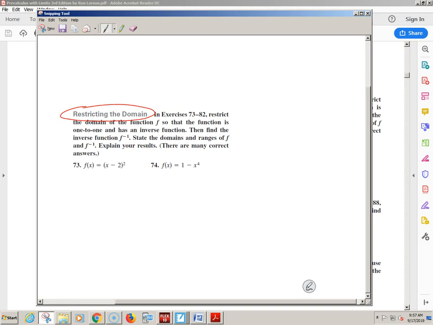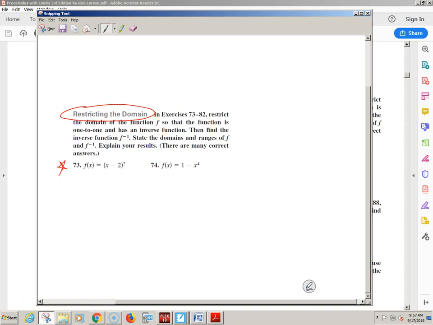So holding it back, what's the normal domain of a squared function? Normal parabola. All real numbers. So if you're restricting, you're holding it back. You're only taking part of it. But which part? Okay, this whole paragraph, blah, blah, blah. What's it actually saying? Remember, the short and sweet version is what you're supposed to be writing down for your directions in your homework.